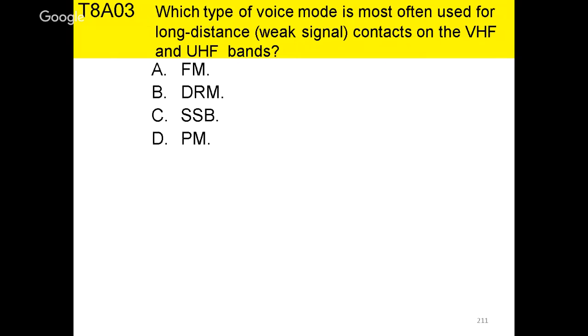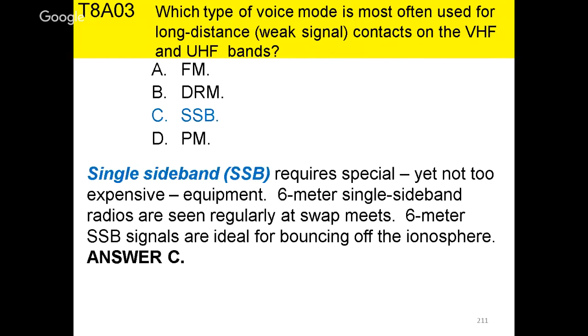But at any rate, the voice mode commonly used for weak signal on VHF and UHF is single sideband. That was kind of a rarity back in the day, and I almost wish I had a single sideband rig back then. I have that capability now. I have talked on 2 meters and UHF single sideband, and it's quite interesting.